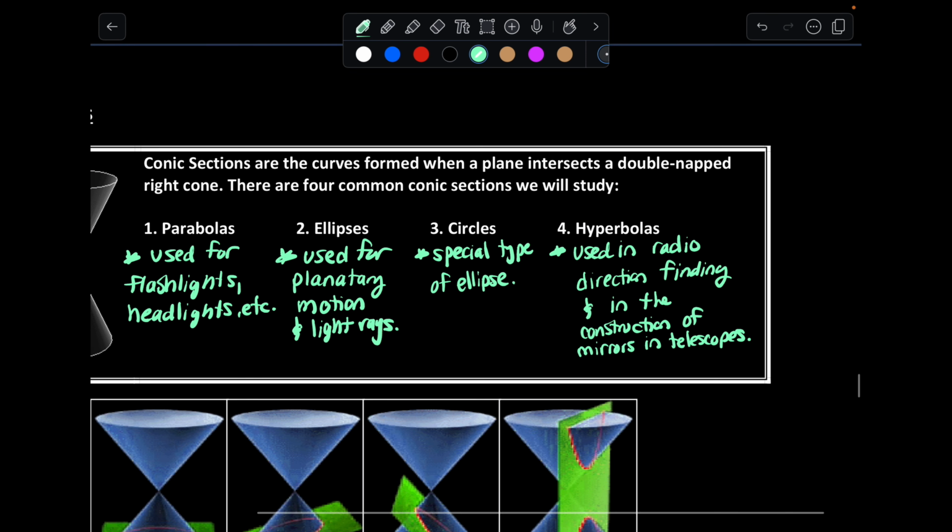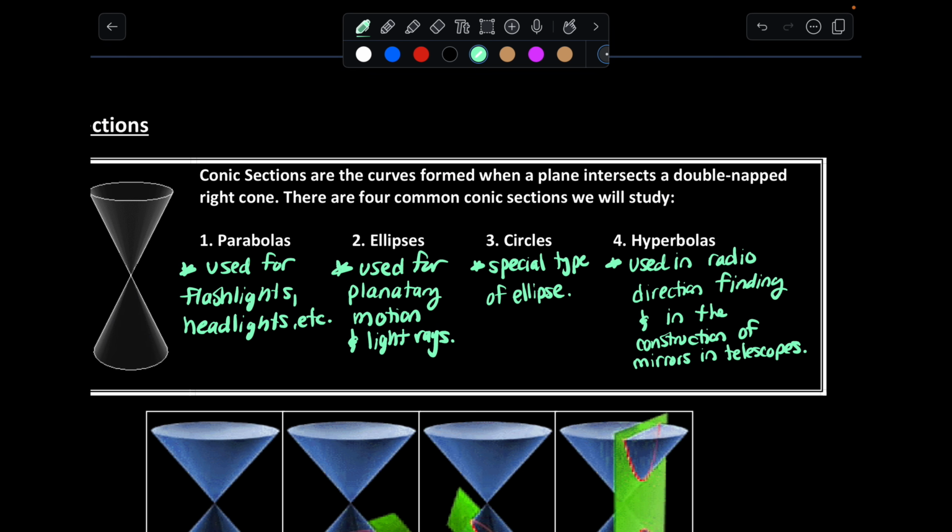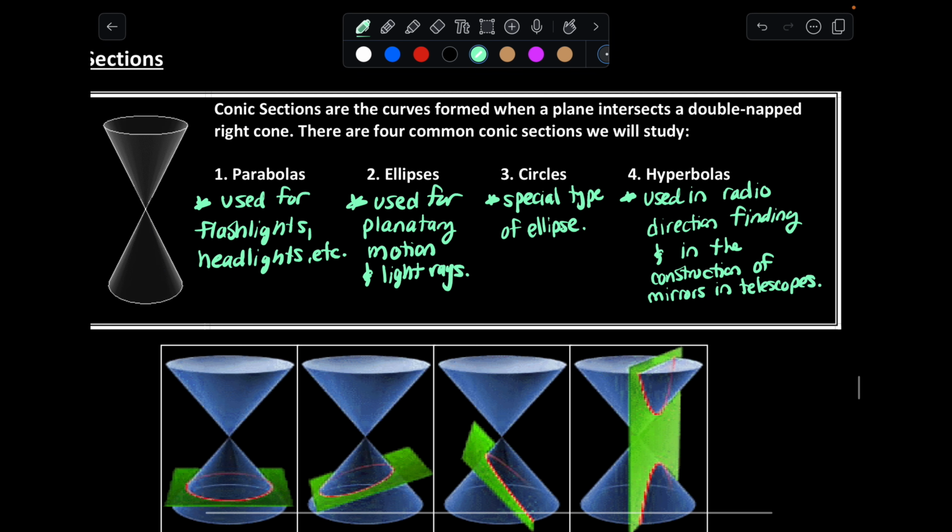So with these conic sections, two-dimensionally, we can learn some information, but three-dimensionally, they have been part of a bunch of human discoveries and our advances in technology and whatnot.